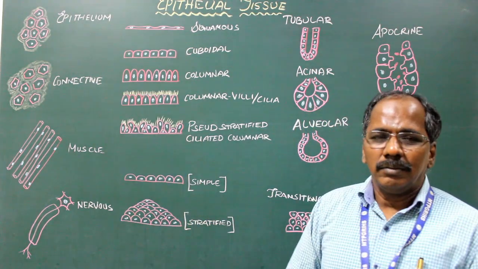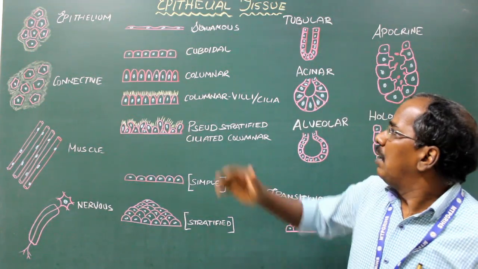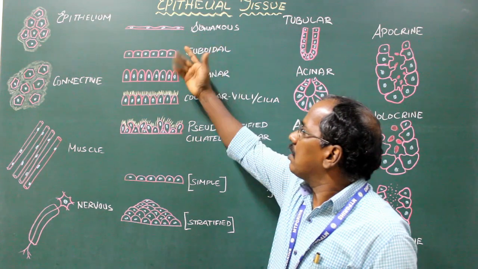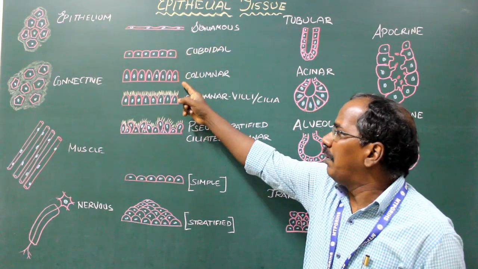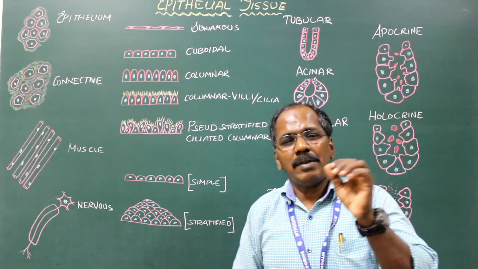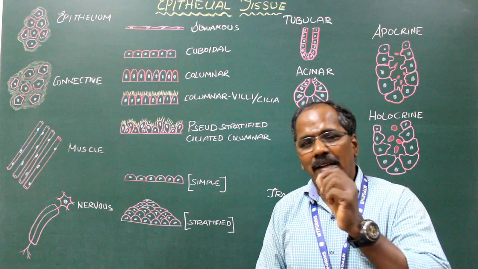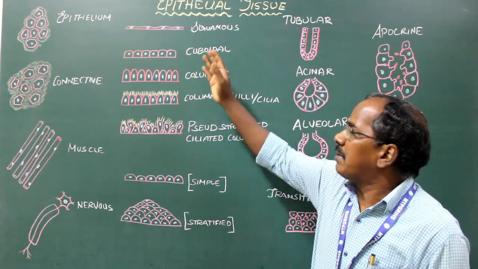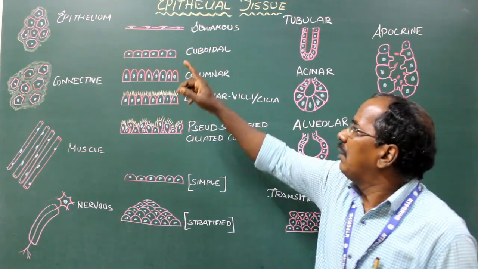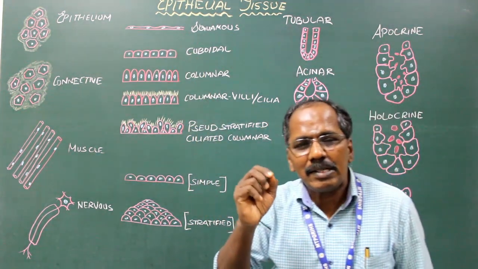Simple epithelium is again divided into simple squamous, simple cuboidal, and simple columnar epithelium. Simple squamous epithelium: squamous means flat. So it consists of a single layer of flat epithelial cells.